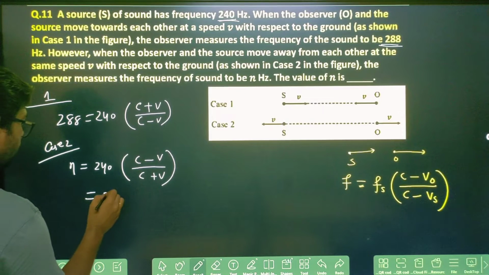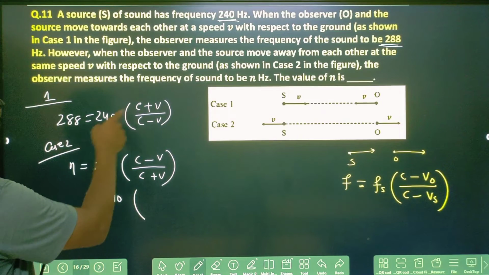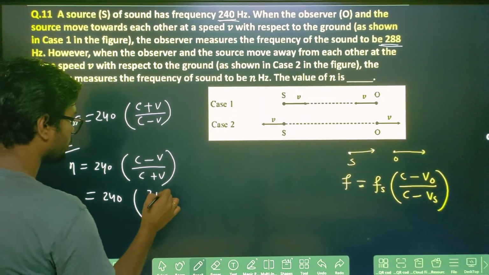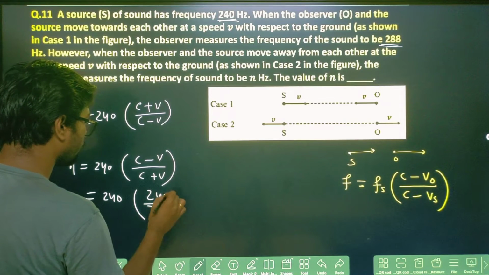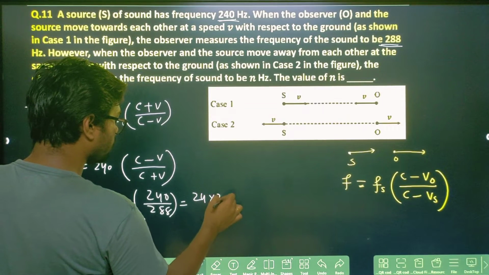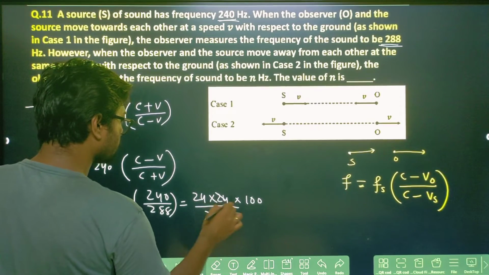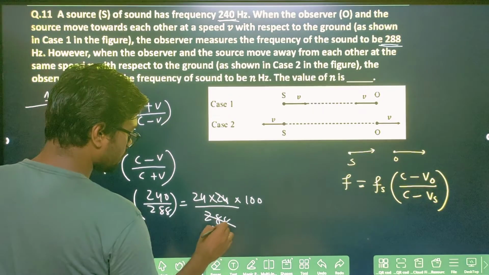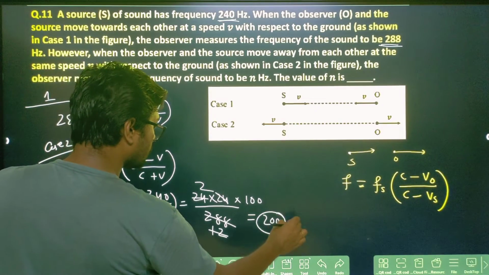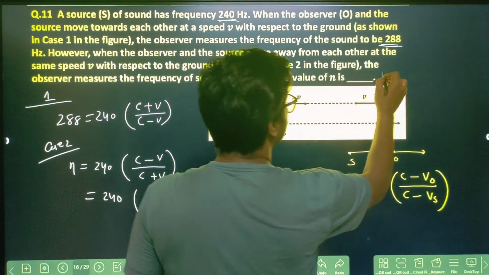So this will be 240 into C minus V by C plus V. If you find out here, this will be coming as 240 by 288. Clear? So this will be 240 into 240 divided by 288. So this will get cancelled out. This will be 1, this will be 2, this will be 2, this will be 200 hertz. Right? So it will be coming as 200 hertz.